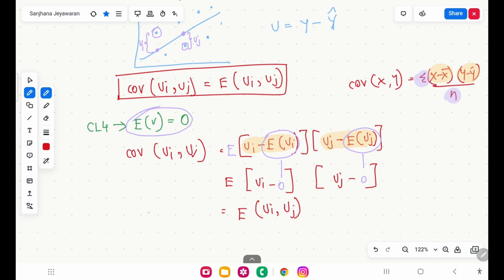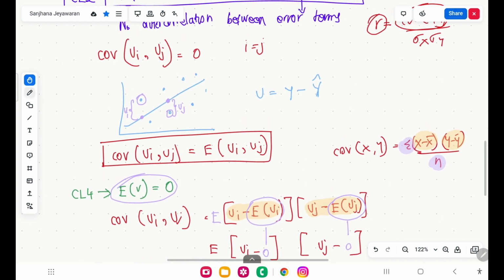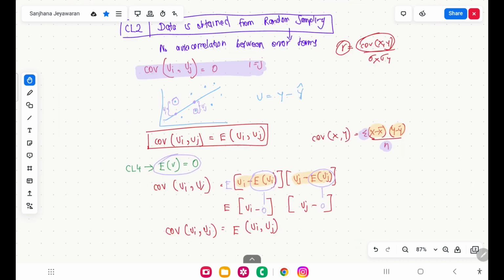That is how we can say the covariance of ui comma uj is equal to the expectation only when this assumption is satisfied. That means only when we say that the covariance is equal to 0. Is it so, guys?